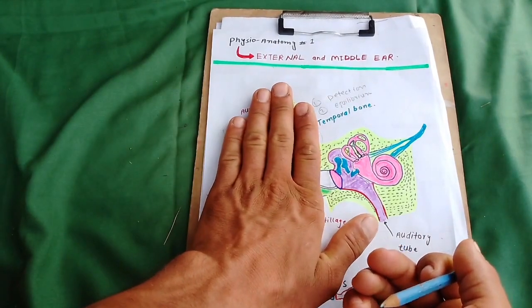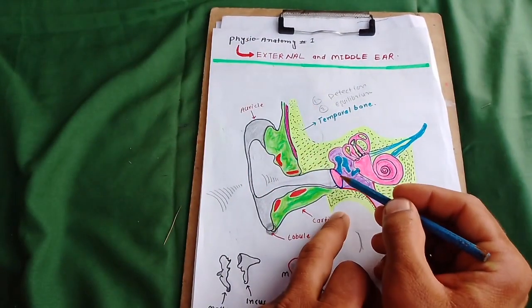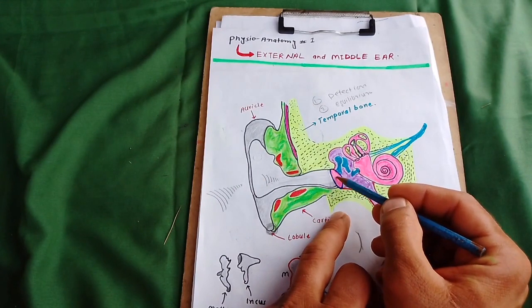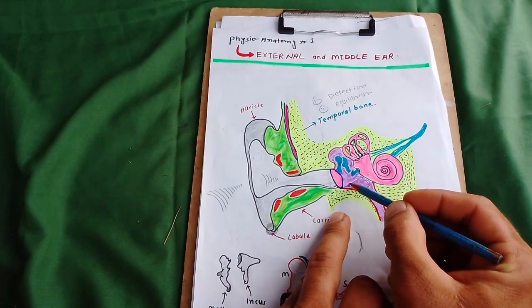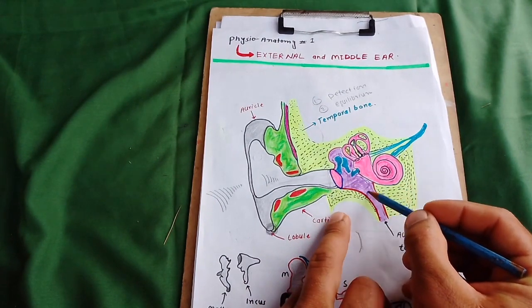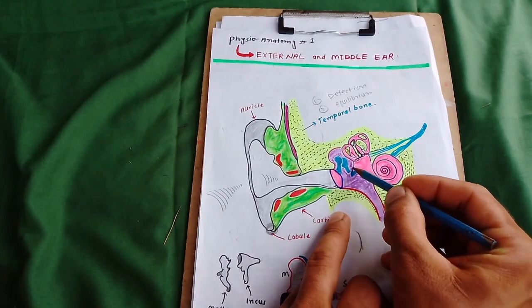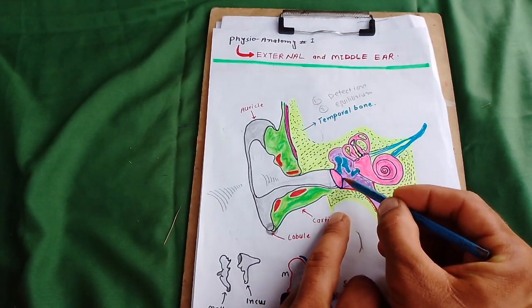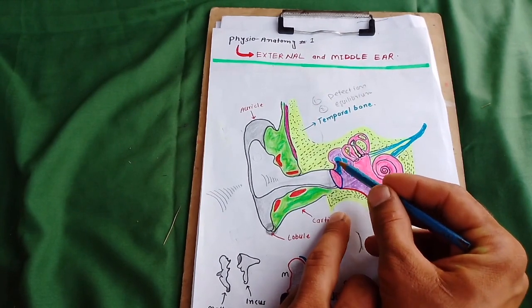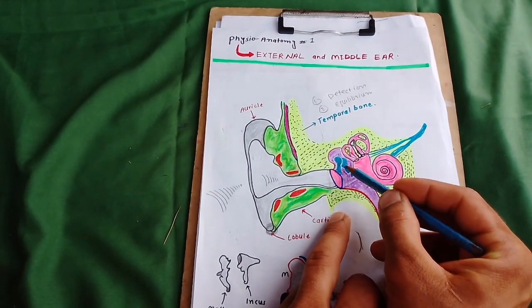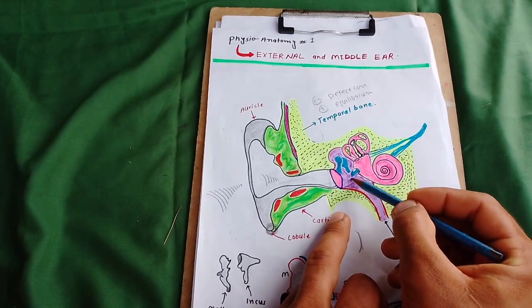Middle ear: from the eardrum up to this point, this cavity which is highlighted in a separate color, these are the bones, malleus, incus, and stapes, and this is the cavity.